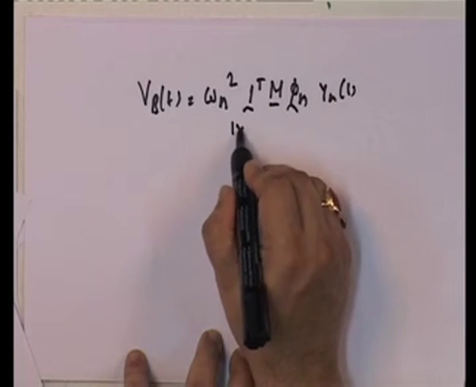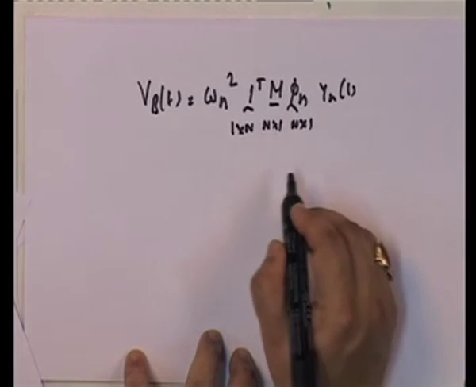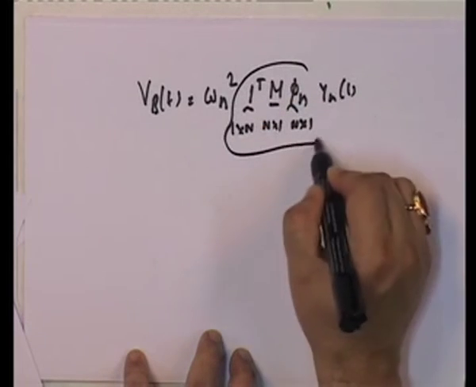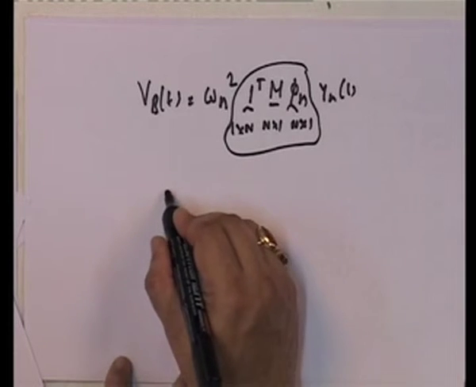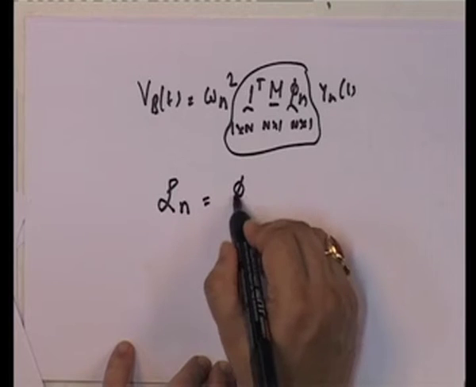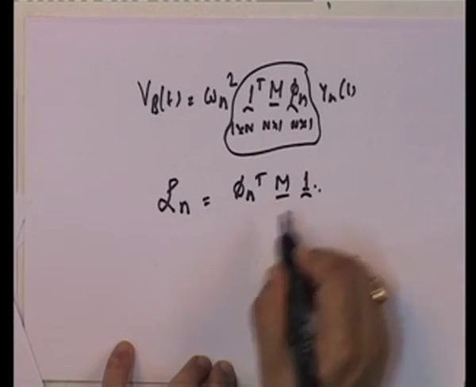This is 1 by n, this is n by n, this is n by 1, and this quantity I will now define as L n. L n is nothing but phi n transpose m 1.